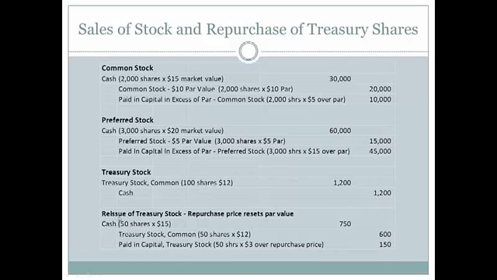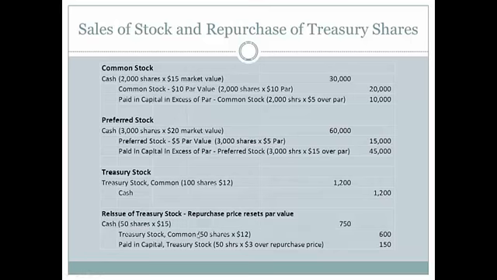Now, if we were to reissue this Treasury stock, the repurchase price resets the par value associated with this stock. So it would no longer be the original $10 par value. Now it would be a $12 par value based upon the market value as of the date the Treasury stock was repurchased. So in this instance, we're going to receive cash, we're going to sell 50 shares, and the market value as of the date of the sale of these shares is $15.